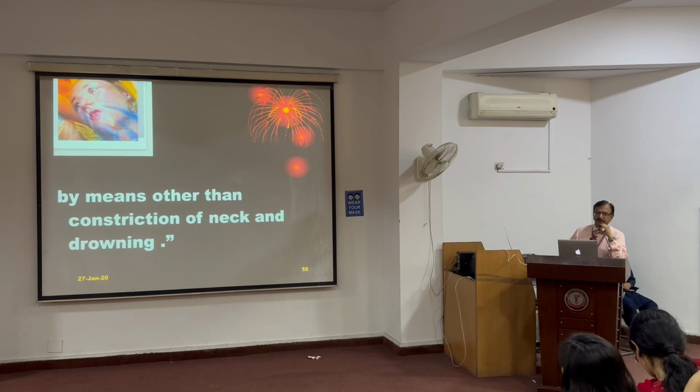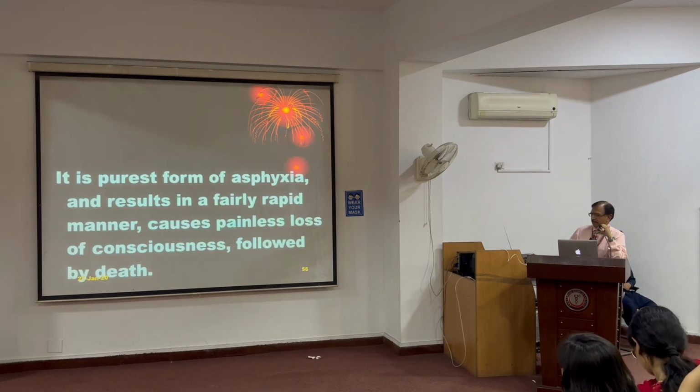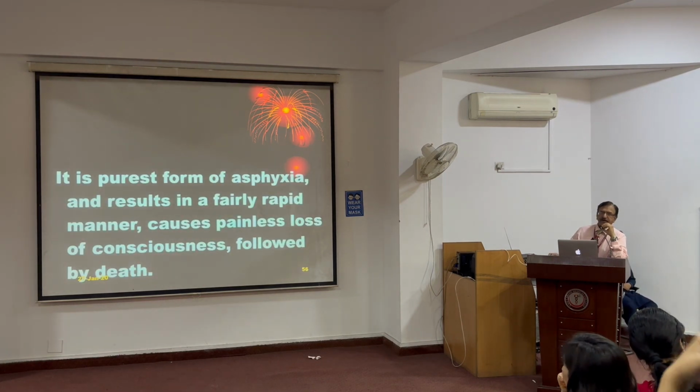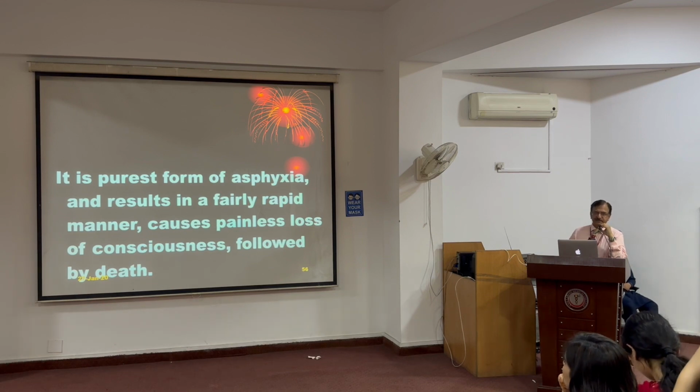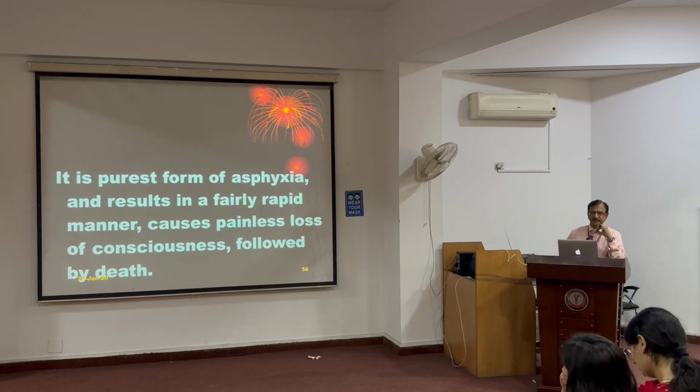So the entry of air is interfered at the level of nose and mouth. And this is called the purest form of asphyxia, because complete obstruction to the entry of air through the respiratory orifices is led with this form of asphyxial death.